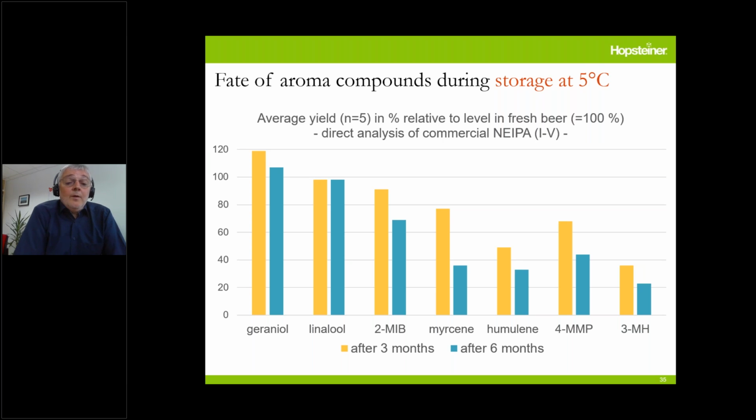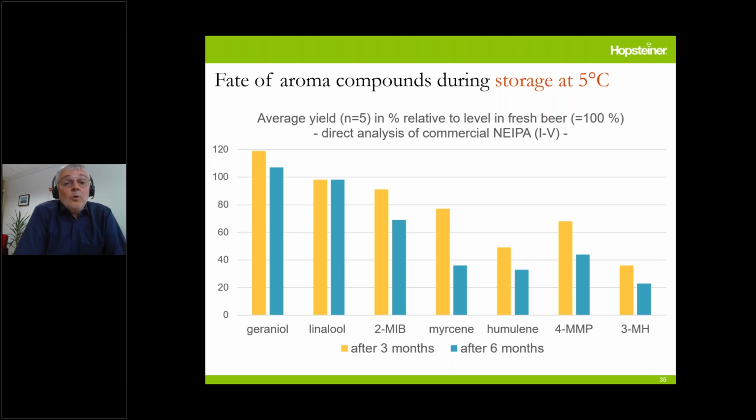For linalool, we have concentrations close to 100% after 3 and after 6 months, so also very stable. For the ester, we have a steady decline, and the same for myrcene and humulene. 4-MMP is also decreasing during storage, and the 3-MH, the mercaptohexanol, is also decreasing.